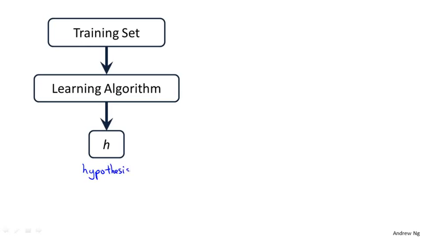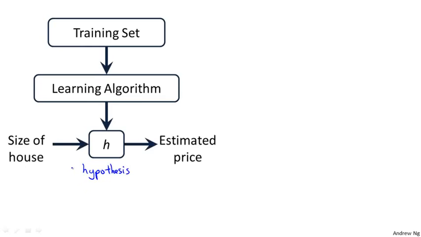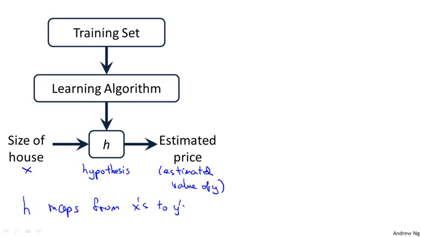The job of the hypothesis is a function that takes as input the size of a house, like maybe the size of a new house that your friend is trying to sell, so it takes in a new value of x, and it tries to output the estimated value of y for the corresponding house. So h is a function that maps from x's to y's.